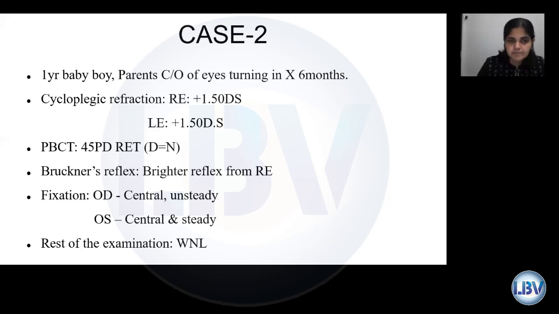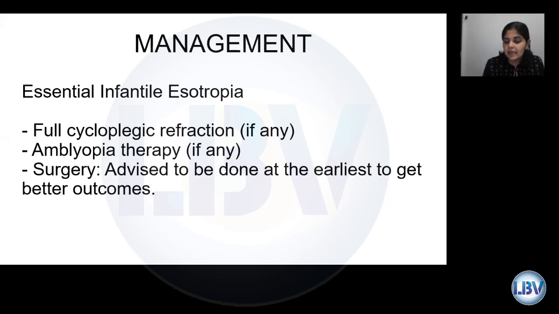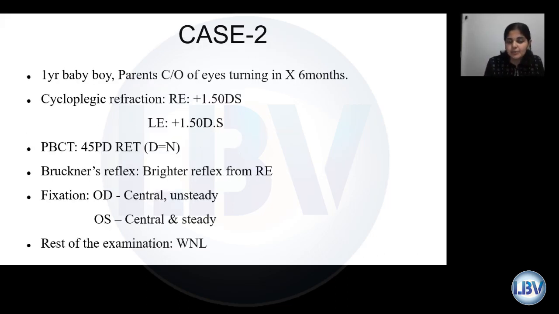The initial developmental period of the kid was also normal. Now, this particular case, wherein there is an esotropia deviation seen within 6 months of the kid's birth, essentially comes under the category of essential infantile esotropia, wherein you generally see tropias in the range of 30 diopters and more.